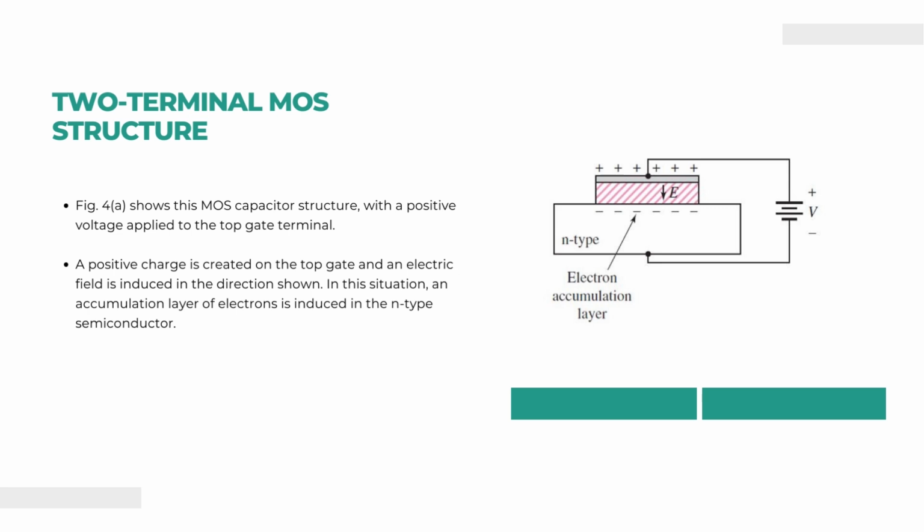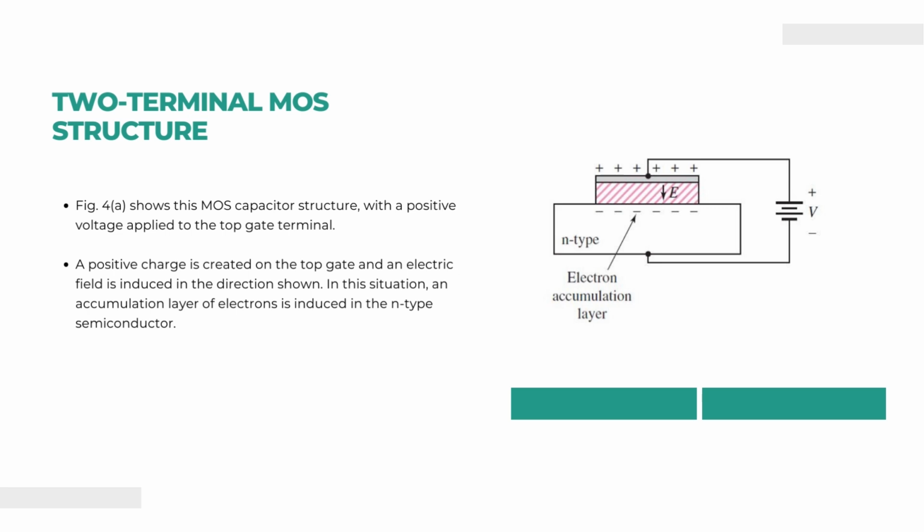This negative potential at the semiconductor layer will repel the electrons away, and the positive potential at the metal interface will attract the electrons in the semiconductor. Hence, a layer of charges will be formed beneath the oxide interface.